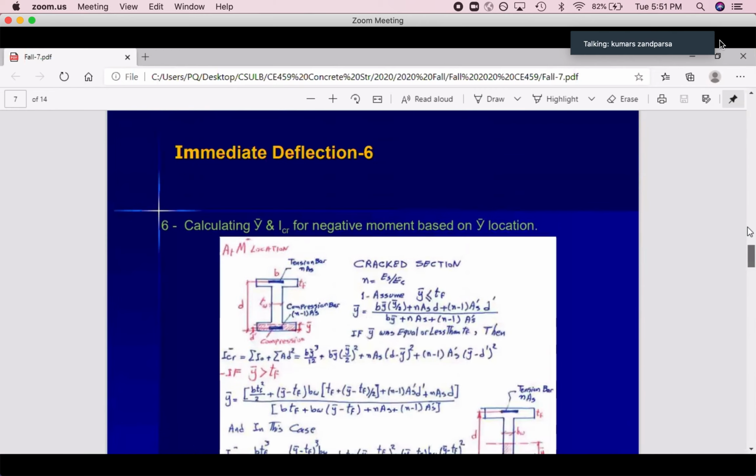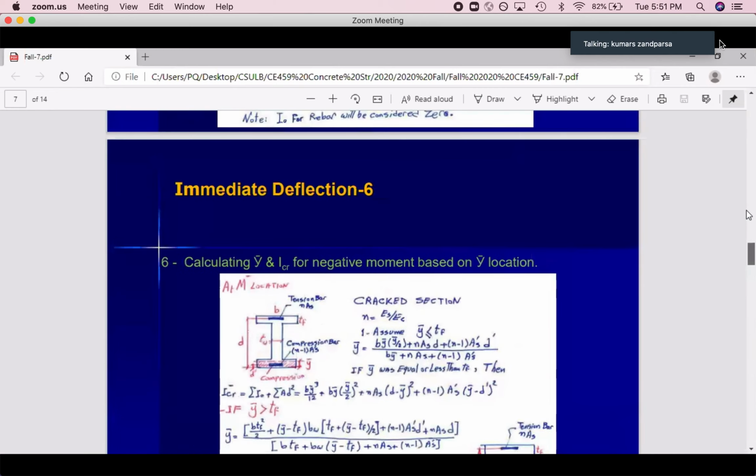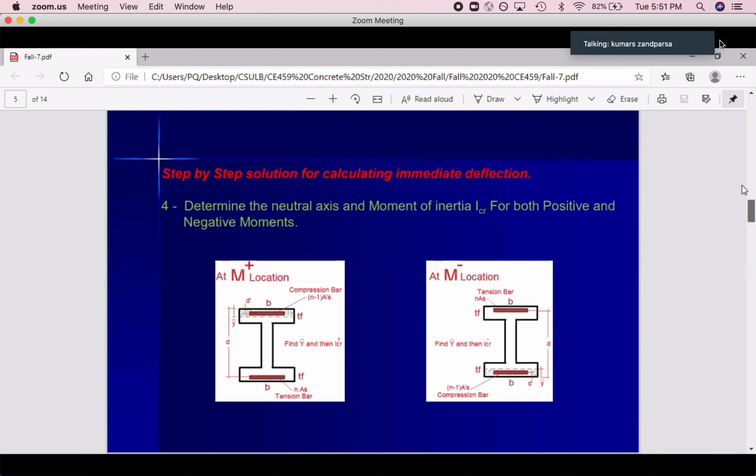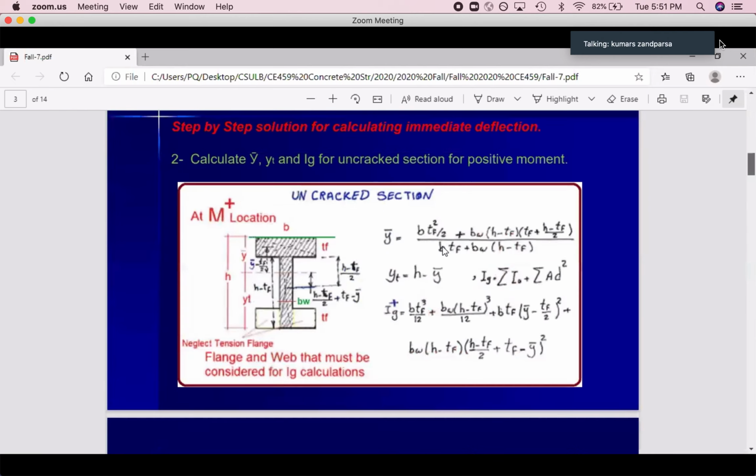Let me ask one quick question to see if you follow me well or not. This is my question. Please listen and try to find the answer as fast as you can. I'm going to calculate the moment, this IG, YT for rectangular shape. So that's for uncracked. How can I calculate this Y bar? The fastest way.